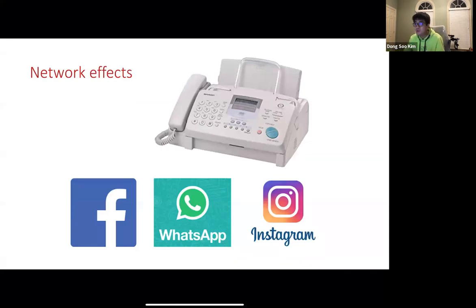The key to the success of such products and services is the initial takeoff. Without enough customers to make the product and service attractive, customer acquisition would be very difficult. So such firms aggressively promote their products and services at the beginning.